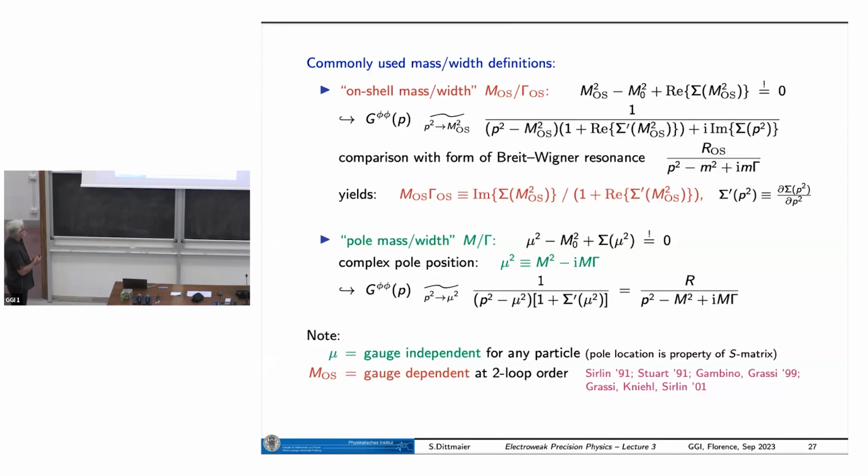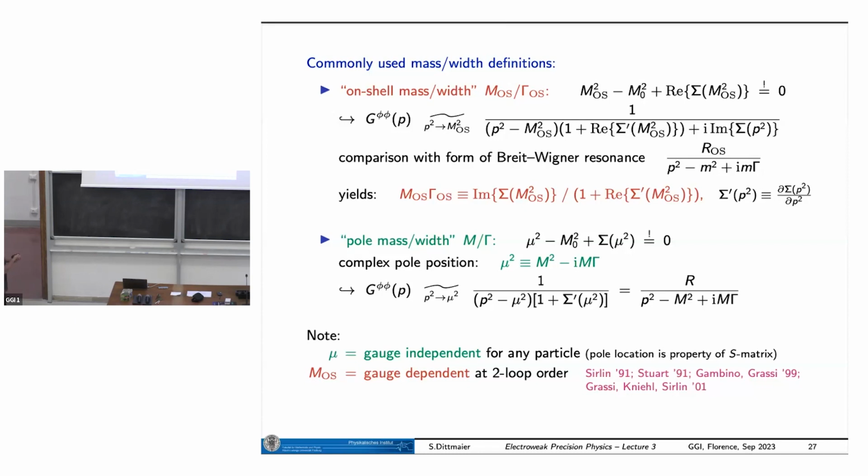You can also modify this relation here and say, okay, in principle, I would like at least to try out what happens if I don't introduce this real part, because maybe it's a good idea to define really the mass of an unstable particle directly from the pole location in the propagator. And this is a complex quantity. So just for the fun of it, let's introduce a complex mass squared for an unstable particle, which means in this renormalization condition, I just drop the real part and end up here.